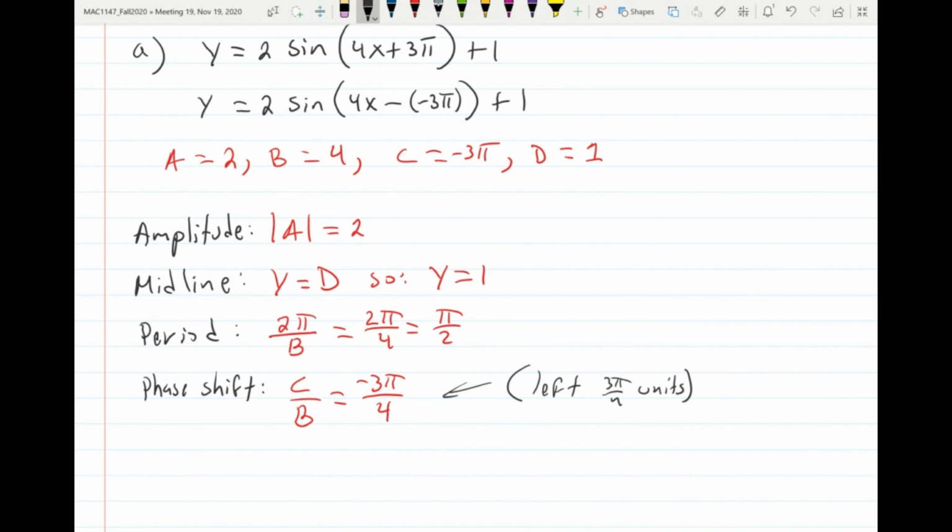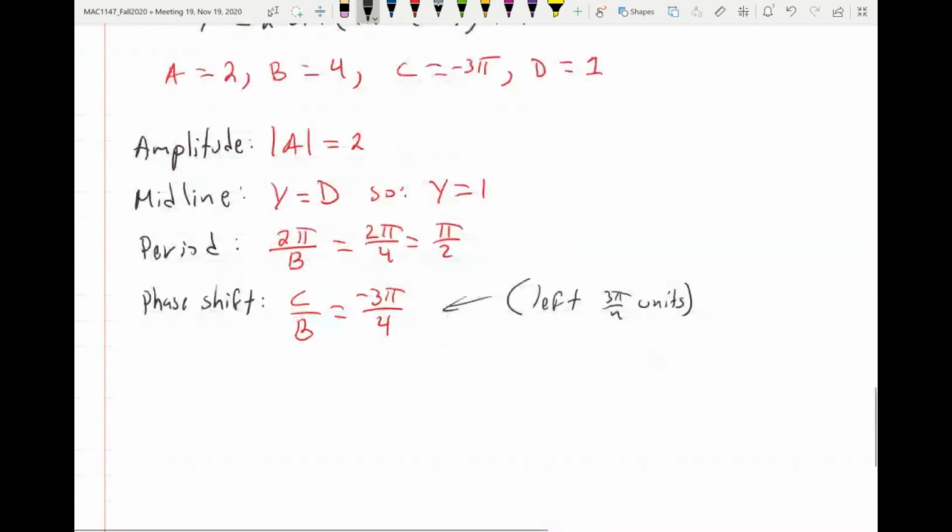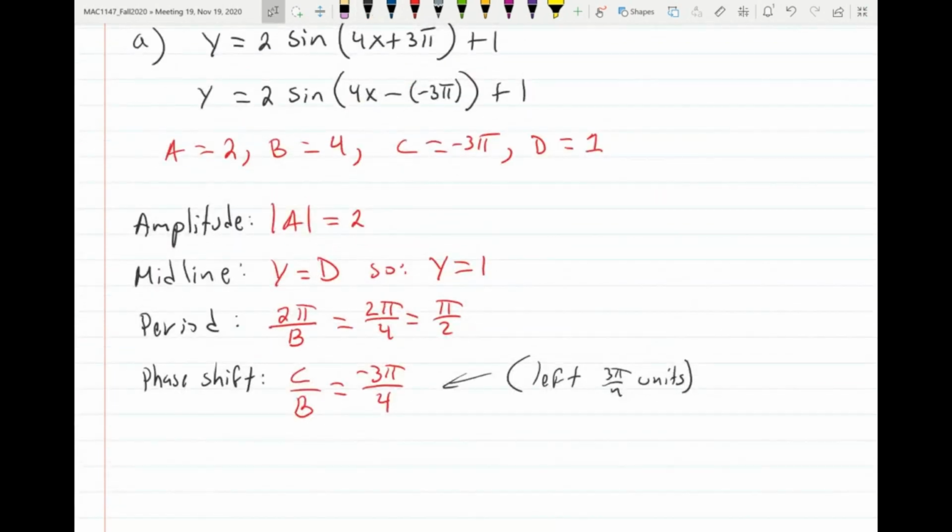That's information encoded in this phase shift. When you think of the sine function, this is going to be shifted to the left 3 pi over 4 units. Okay, so questions on how to find these 4 quantities: amplitude, midline, period, and phase shift.